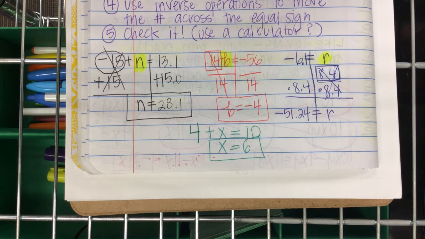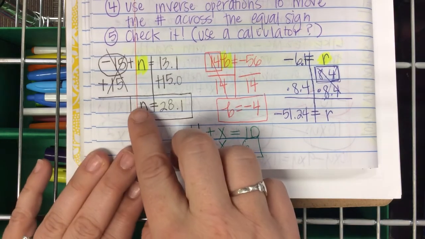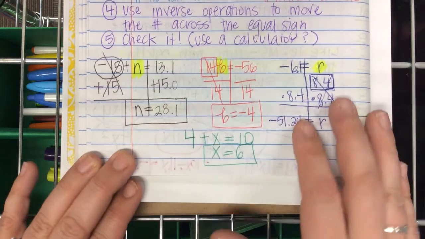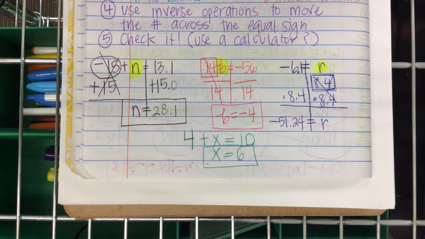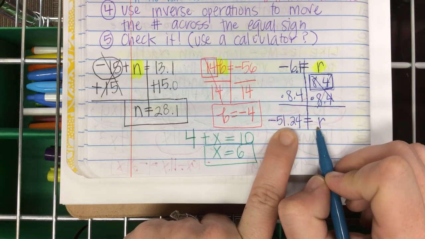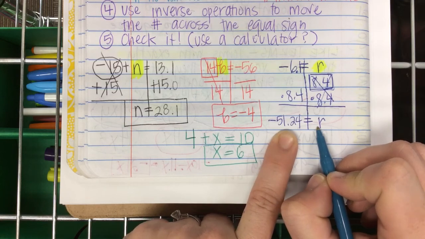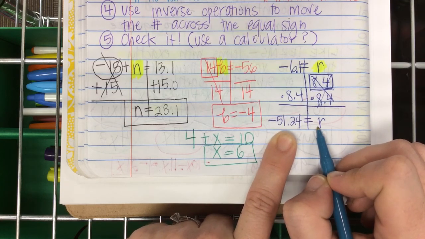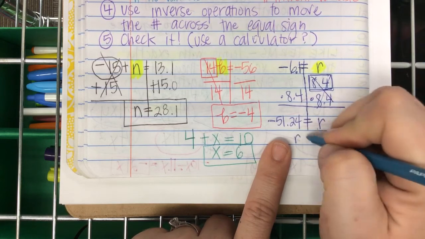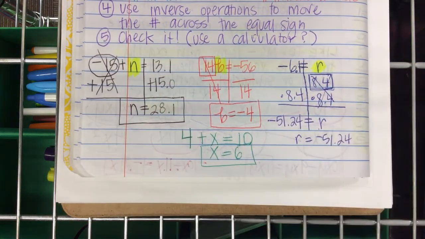If you're solving for a variable, you must write n equals 28.1. You cannot just say the answer is 28.1. There are even some algebra teachers out there that'll say negative 51.24 equals R is not an acceptable answer. They're going to tell you you need to say R equals negative 51.24.